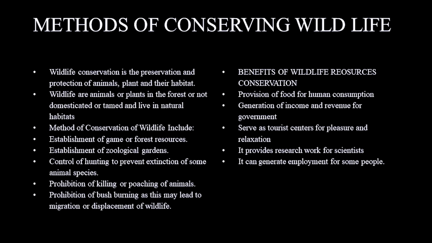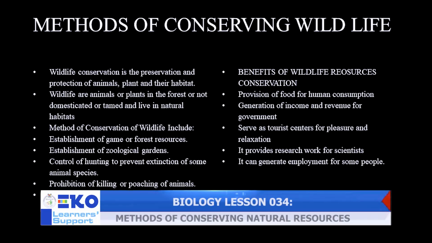Now, the first of the resources we are going to look at is wildlife. Wildlife conservation is the preservation and protection of animals, plants, and their habitats. Preservation, keeping it in the natural space.